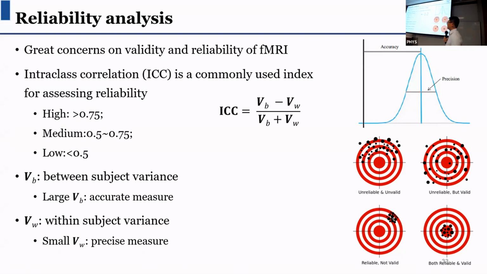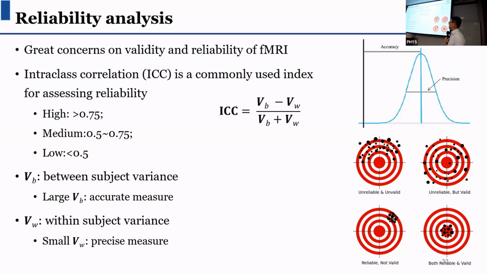Then you can define the within subject variance. You want to keep this within subject variance as low as possible. If the between subject variance stays the same, then the smaller the within subject variance, the larger this ICC value will go.